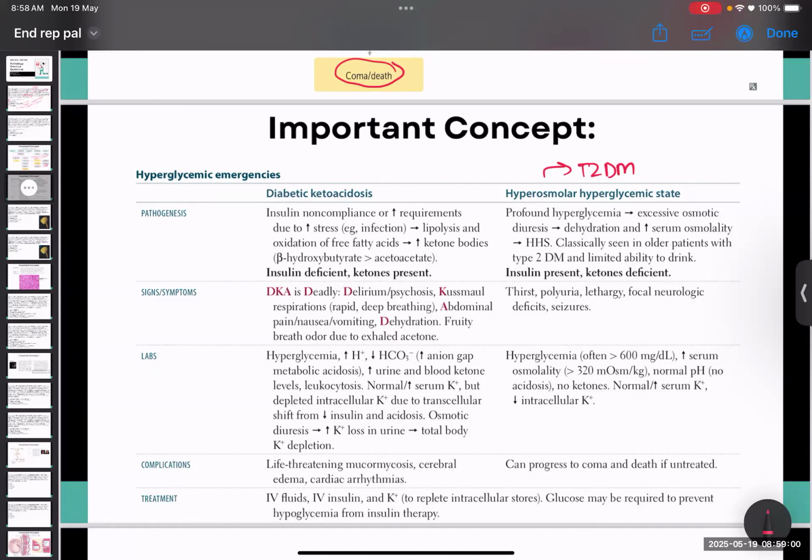There's still a few functional receptors left that will respond to insulin and that will take up glucose. So your body's not in a state of starvation. And the main thing here is there is no ketone body production and there is insulin here, whereas in diabetic ketoacidosis, insulin was deficient, ketones were present. And you just have a very, very high serum osmolality in hyperosmolar hyperglycemic state, over 600.